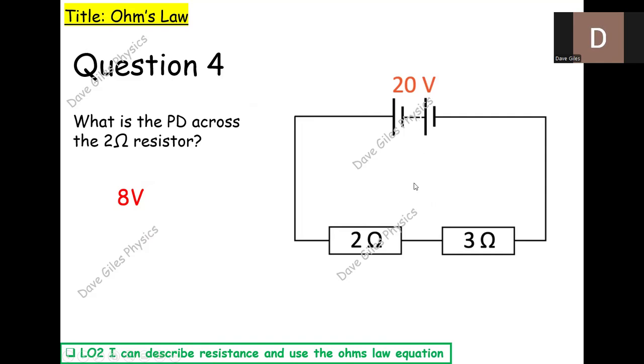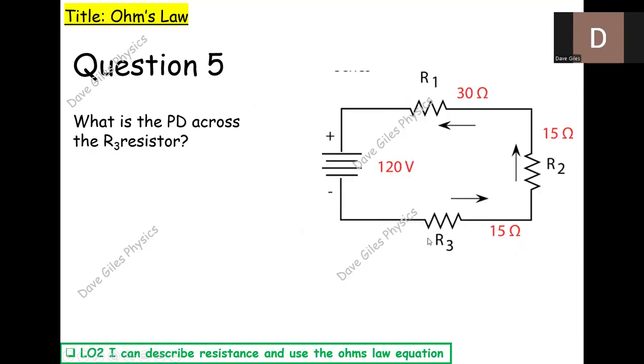So total resistance is 5 ohms. I is V over R, 20 divided by 5. So that gives me 4 amps. Then I did V equals IR. So 4 times 2 ohms, which is 8 volts.